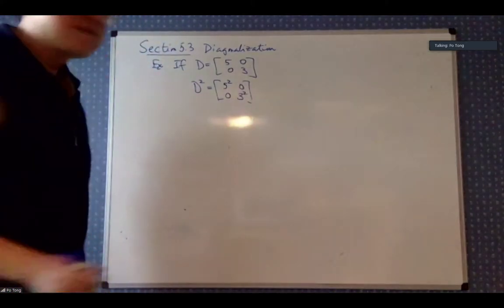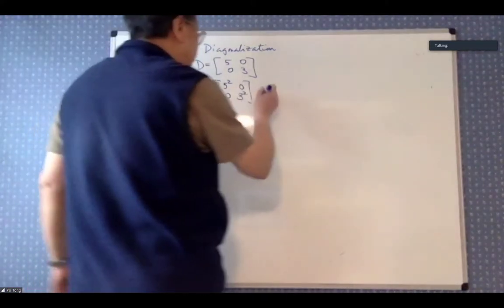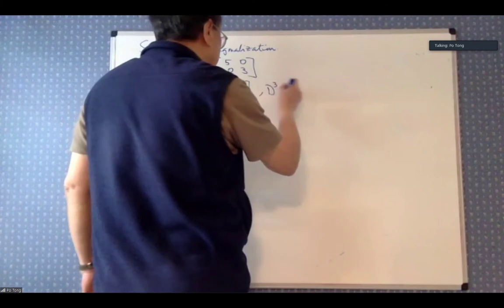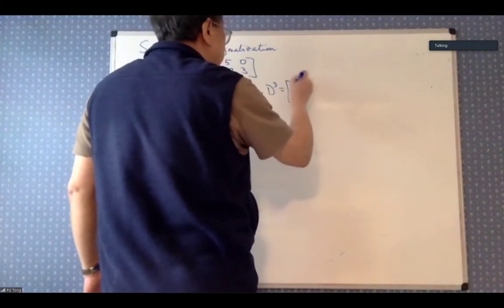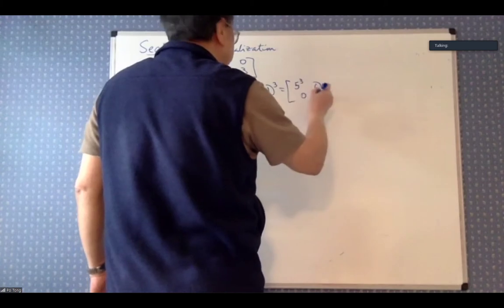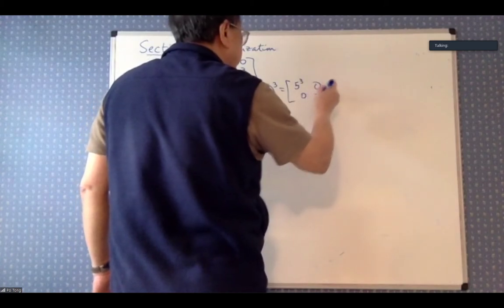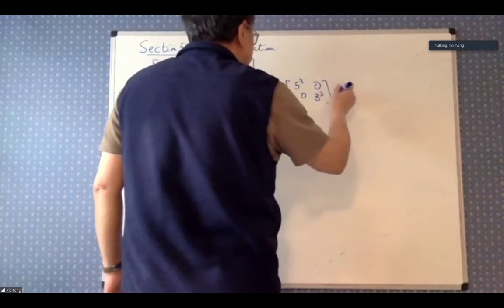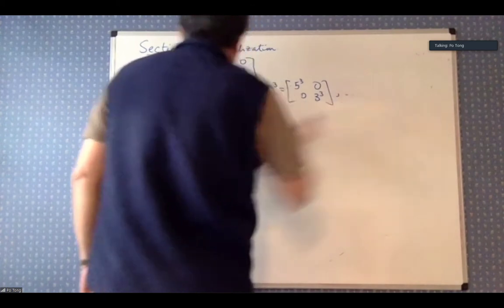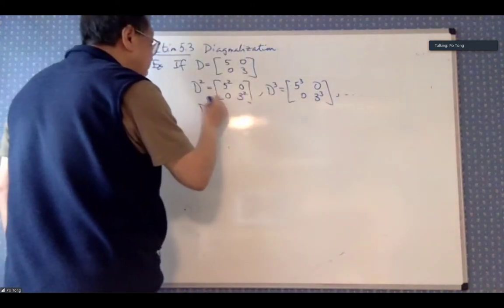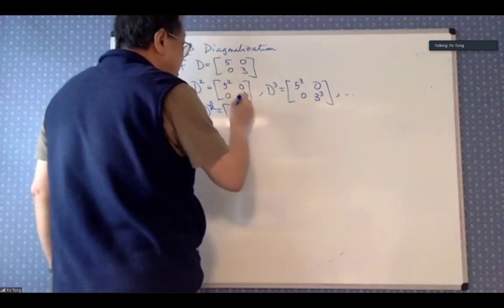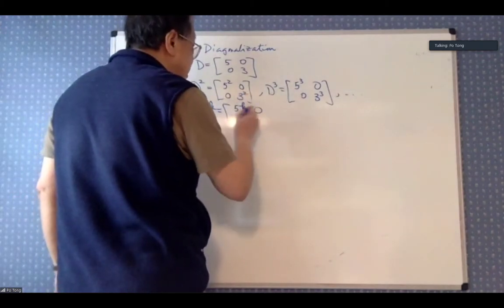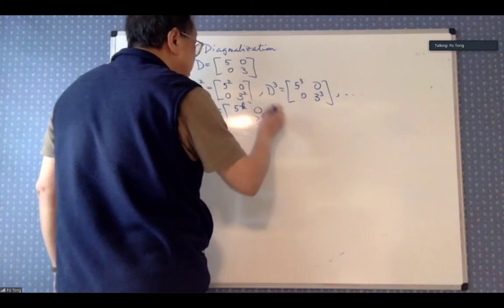Yeah. What would be D cubed? And so on. What would be D to the power k? 5 to the power k, 0, 0, 3 to the power k. All right.